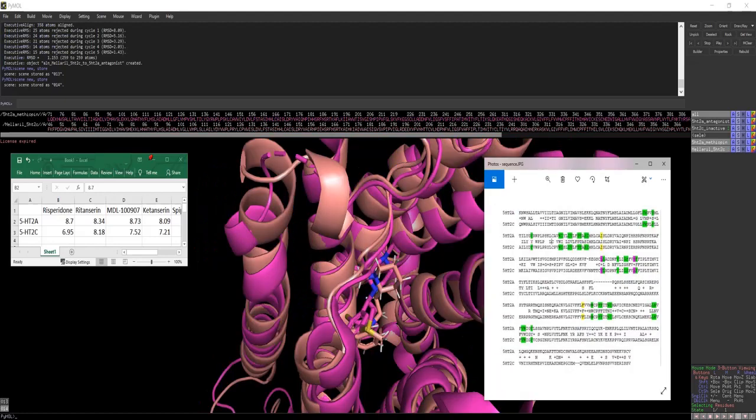Now one might think, why would one antagonist bind slightly towards one helix versus the other in these two receptors? Could it be that it has unique interactions in one helix versus the other in 2A versus 2C? As I stated earlier, the interactions that these antagonists have in the extended binding pocket and the orthosteric binding pocket are largely conserved, as you can see here in green.